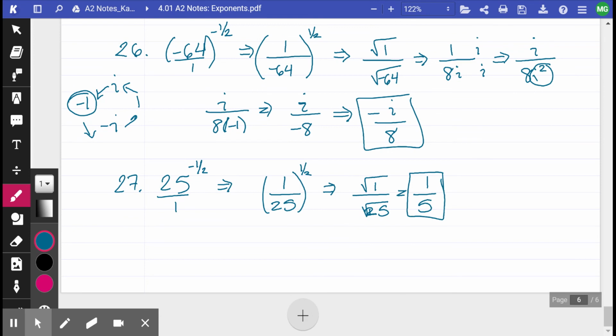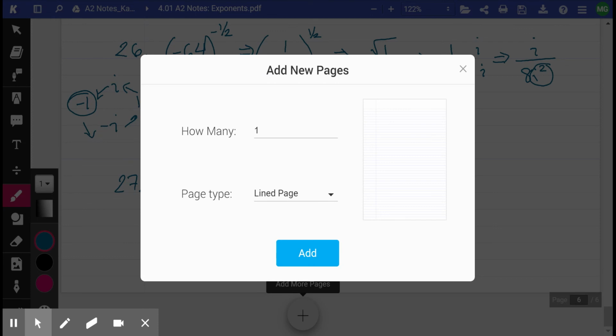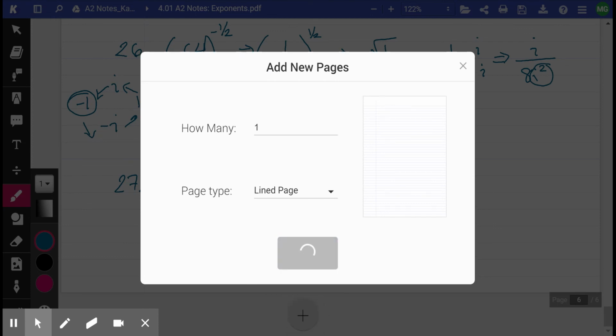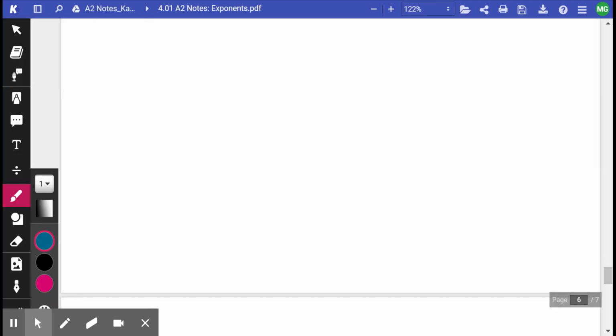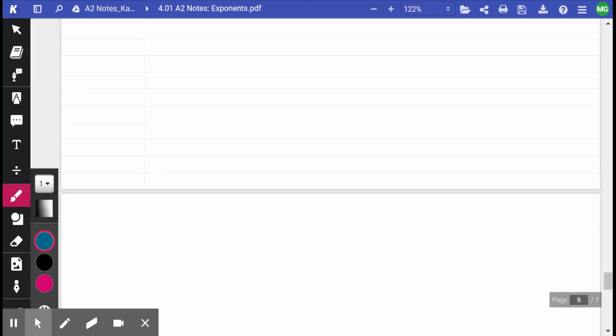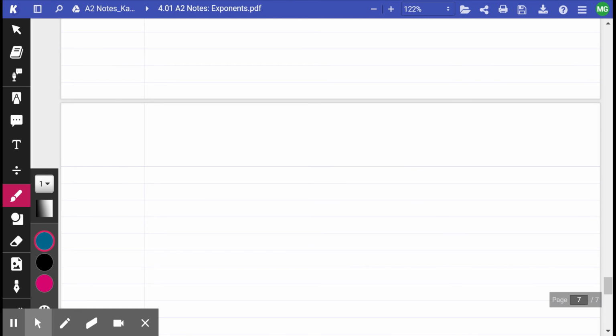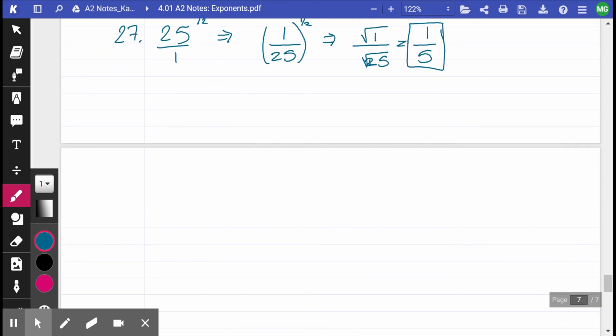And let's do one more. I want you to try this one on your own. I think this was number 28. It's 9 raised to the negative 3/2 power.